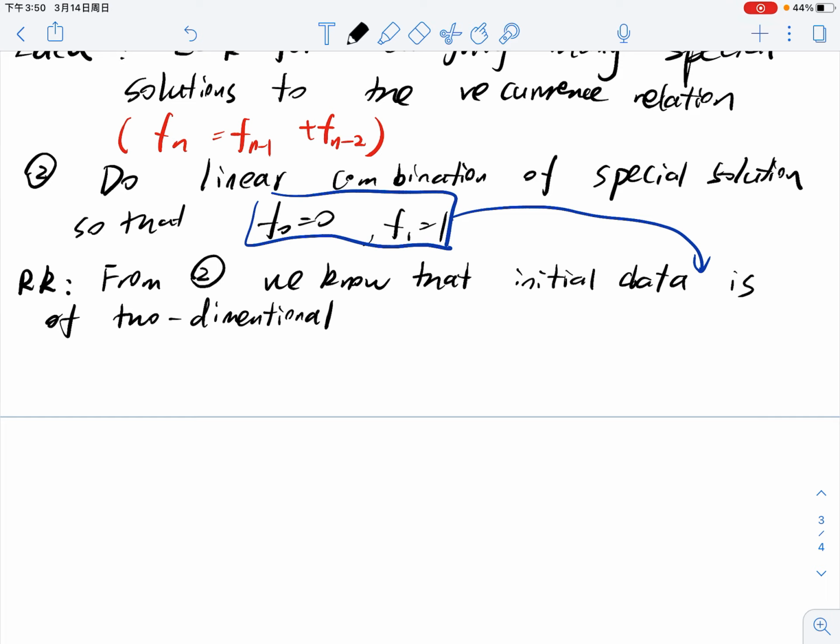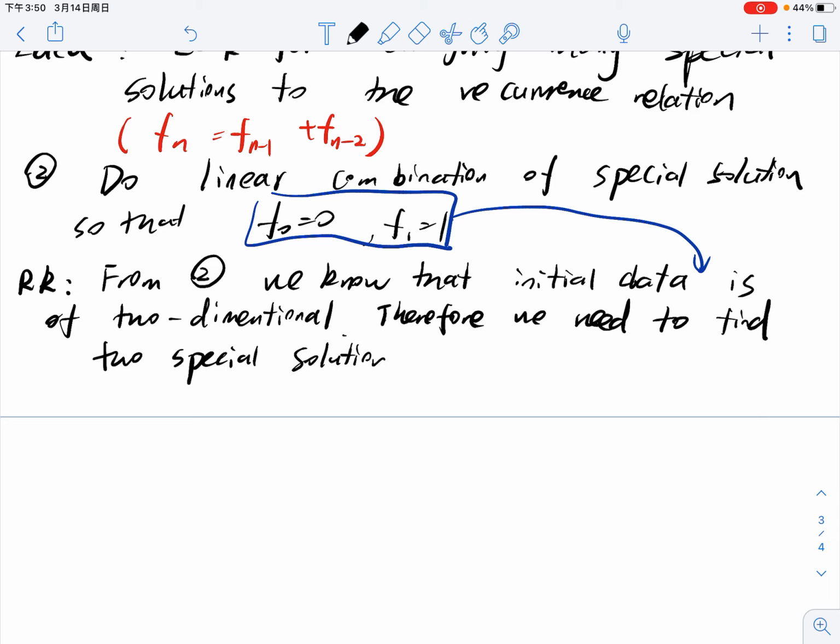Therefore, if you know linear algebra, the space is two-dimensional. Therefore, we need to find two special solutions to accommodate the initial data.